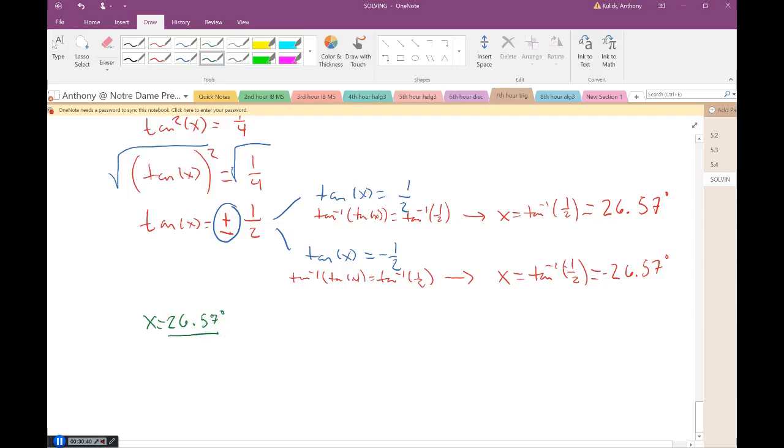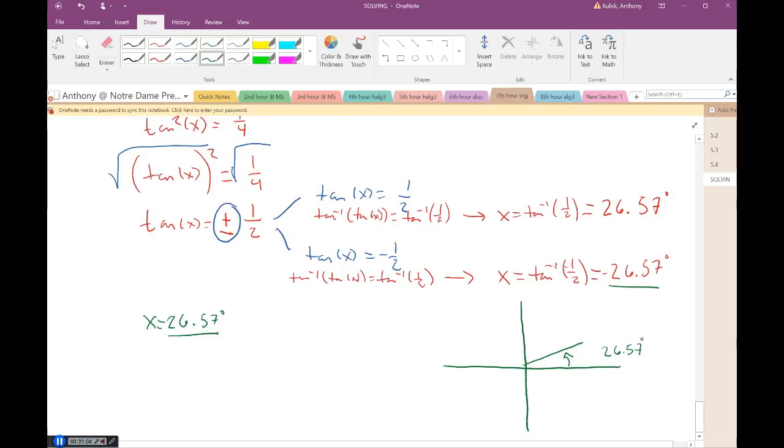So here is one of my answers. Is this one okay? Negative 26.57. Is that one of the ones I'm looking for? It's not. What's wrong with it?